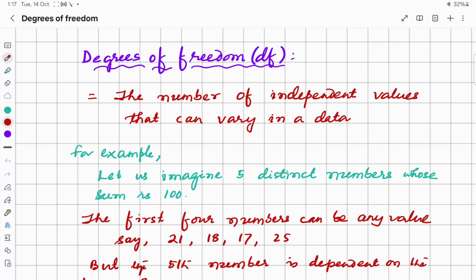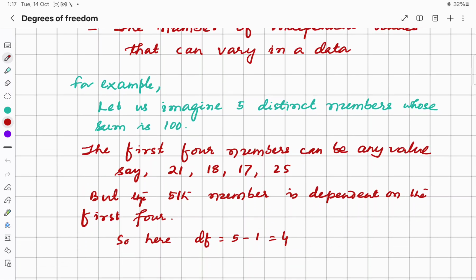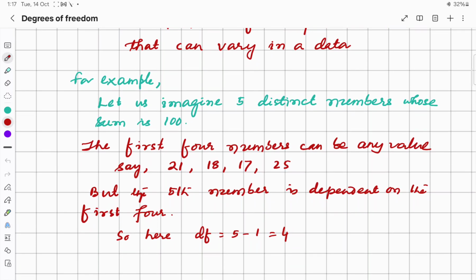in a data. For example, let us imagine 5 different numbers whose sum is 100. We know if the sum of 5 numbers is 100, then 100 by 5, 20, is the average or mean, and around 20 we can have 5 numbers. We can randomly say 21, 18, 17, 25, 4 numbers.